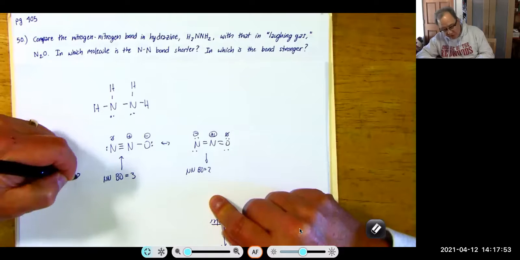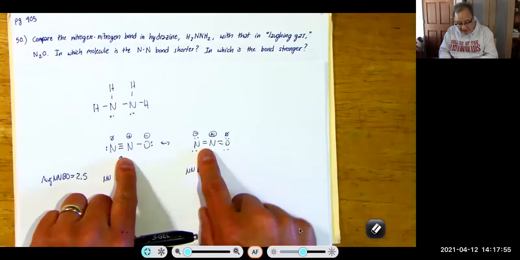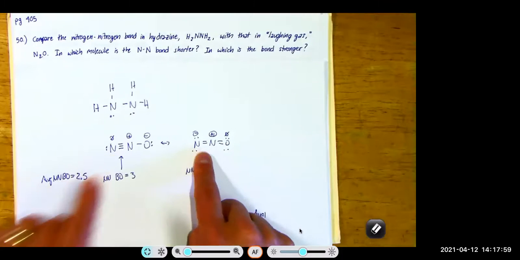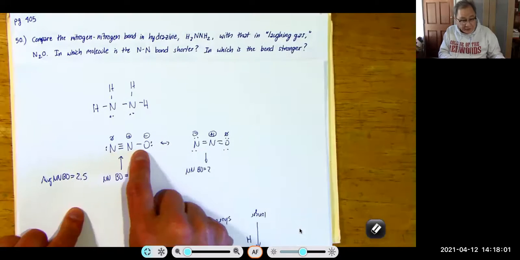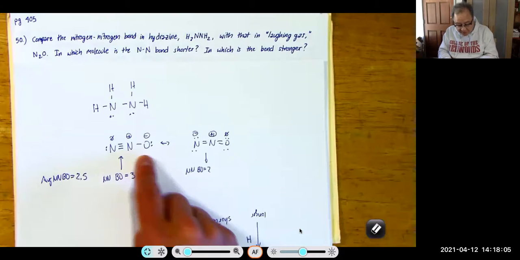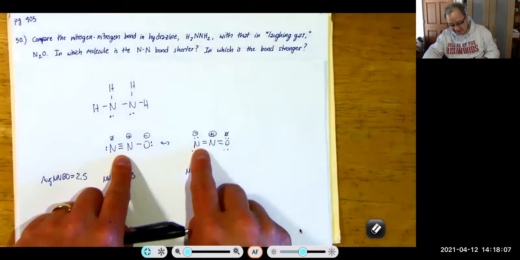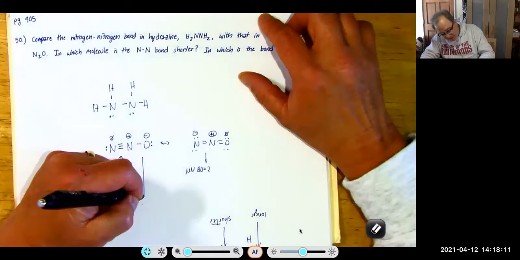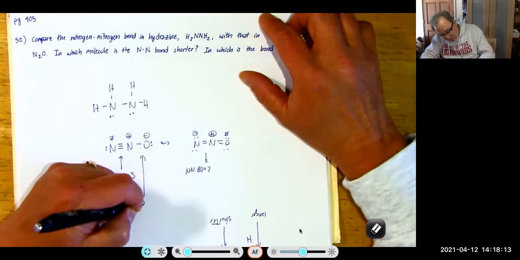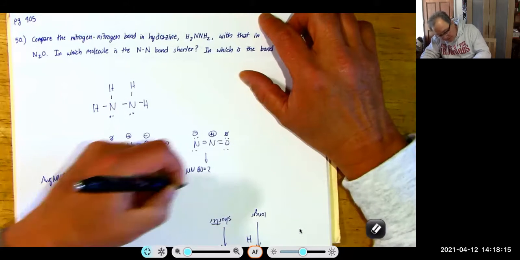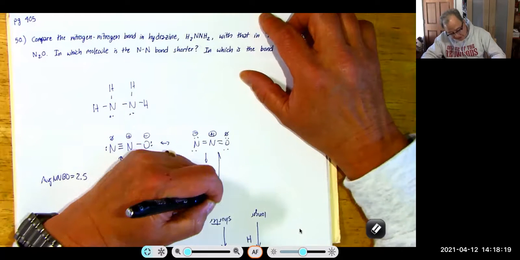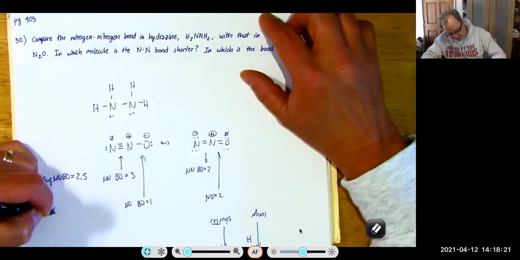So this is where we're going to look at two resonance structures and average them. And notice I'm not averaging 3 + 1 and saying 2. I'm averaging 3 and 2 because those are the same bonds between the same two atoms. And here, the BO is 1, and here, the BO is 2. So the average N-O BO is 1.5.